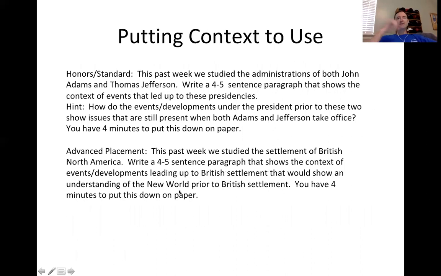So I want you to pause after we go over this really quick. Maybe take about 2 to 3 minutes to brainstorm this question on advanced placement. The past week, actually the last 2 weeks, we studied the settlement of British North America. We studied the differences in southern colonies, middle colonies, and New England colonies, and we talked about the history, when, why, and what effects there were, which keep in mind will be long going.